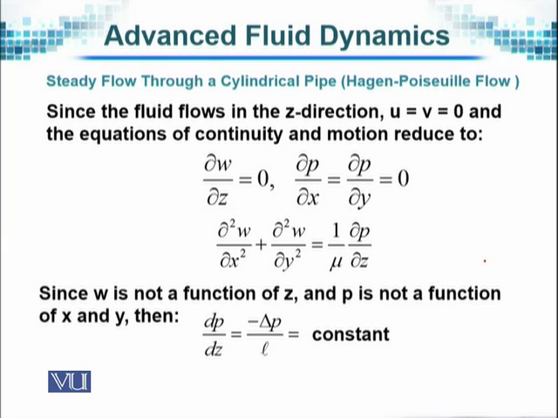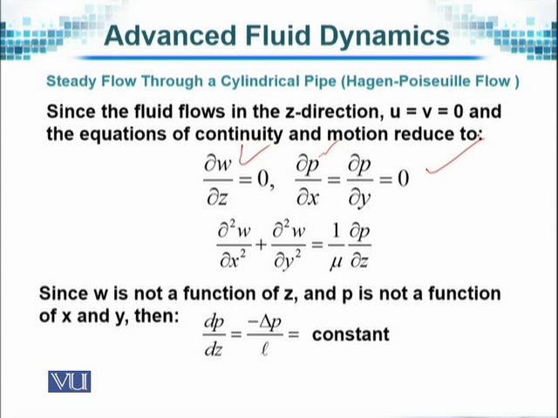So therefore, from this we deduce that dw by dz is 0, dp by dx is equal to dp by dy is 0. These are partial derivatives, and therefore from the continuity equation and some components of the momentum equation, we obtain their values to be 0.